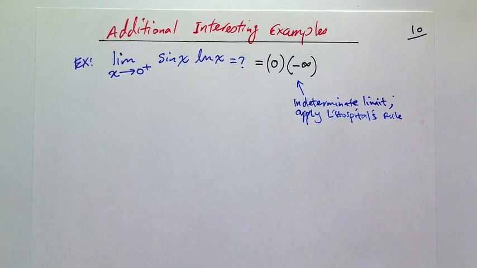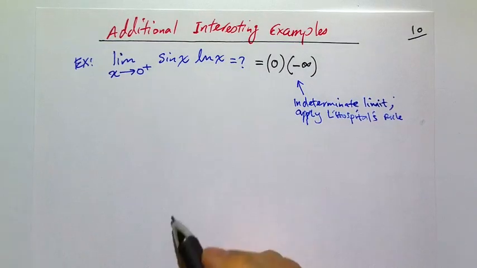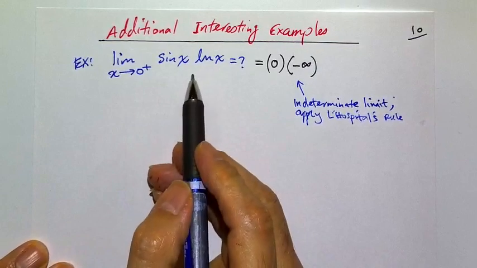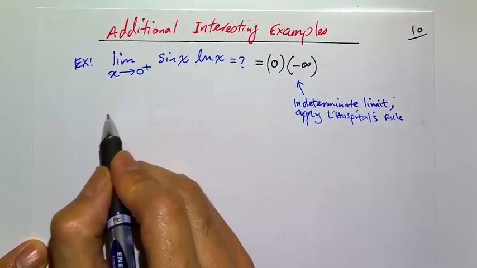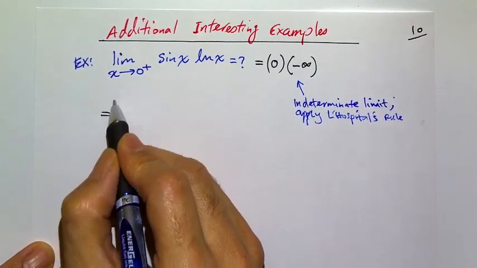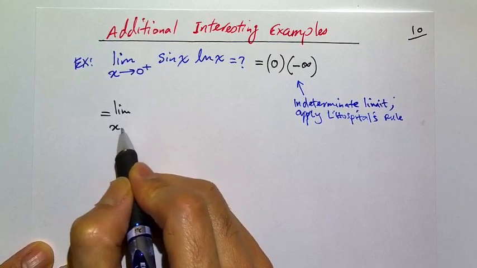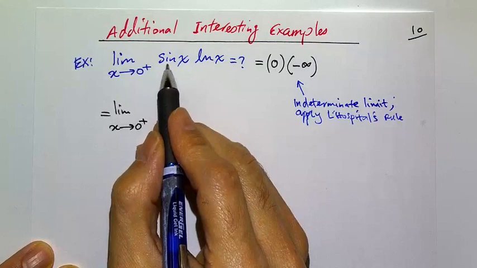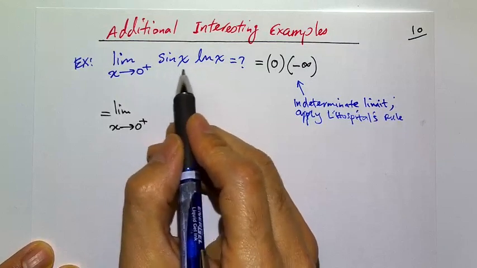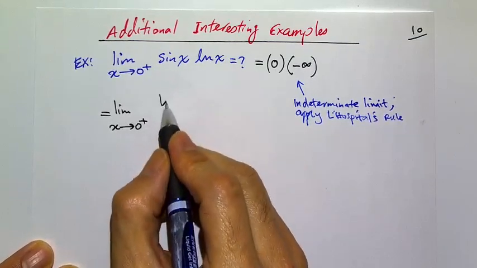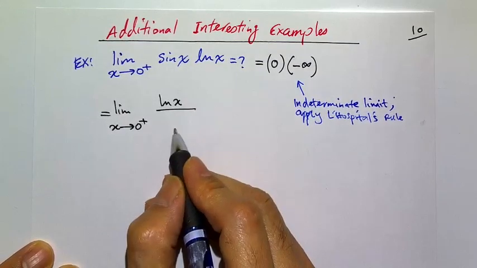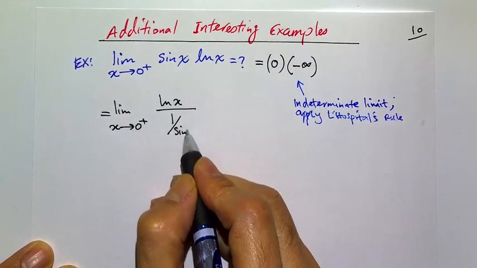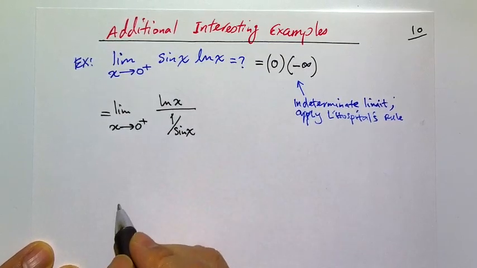Okay, I'll just grab another blue pen here. All right, so of course we're going to have to rewrite this in fraction form, right? So let's do that. The limit as x goes to 0 from the right, and I'm just going to put sine of x in the denominator. So natural log of x over 1 over sine of x.